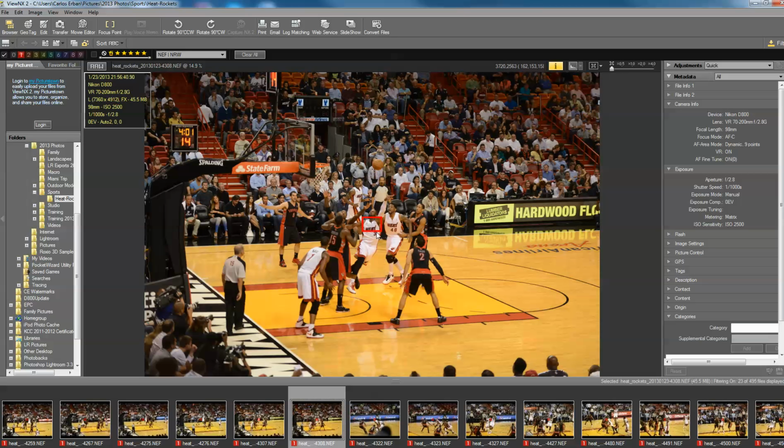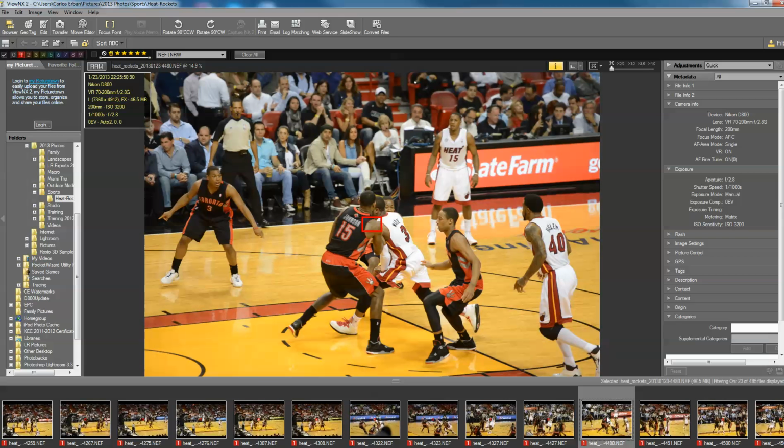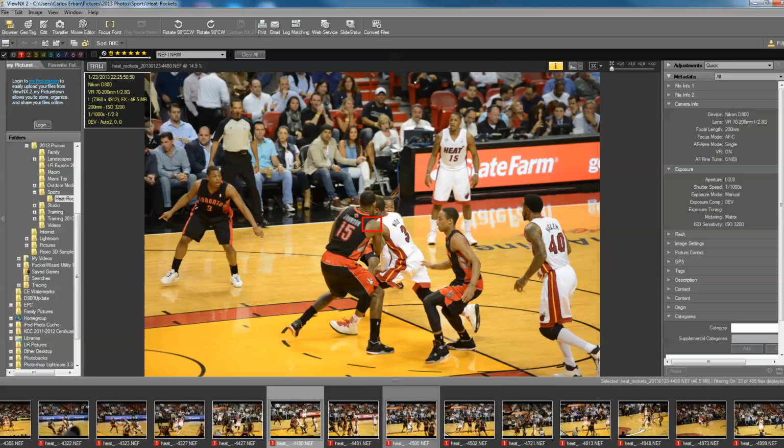Again, I'm magnifying a lot, and let me show you some of the ones that were in focus. It's not like I got all of them out of focus, but here you have another good example. He's in focus. Now you cannot tell that Wade may be a little bit out of focus, because obviously you're not seeing him, but Dwayne Wade was probably not in focus in those pictures.